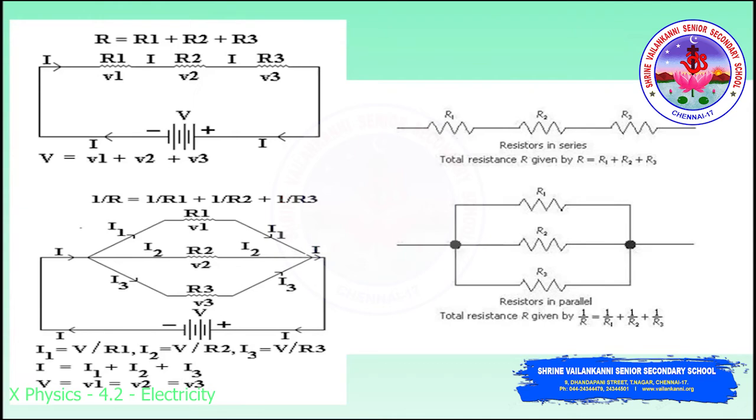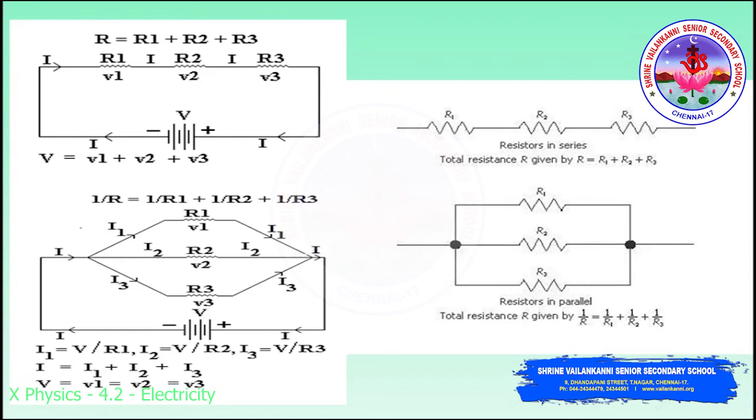In the second diagram, in this parallel connection, there are three resistors R1, R2, R3 and a battery of V volts connected across them. The potential difference across each resistor is V volts, which is equal to the potential of the battery.